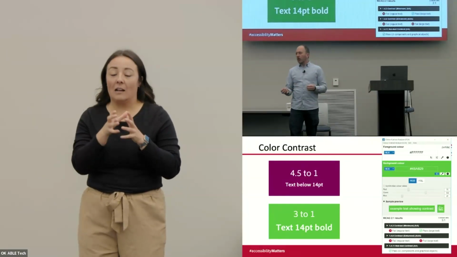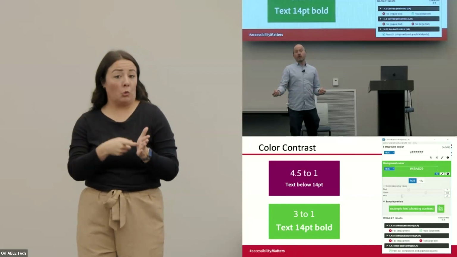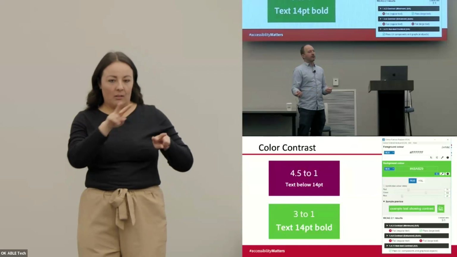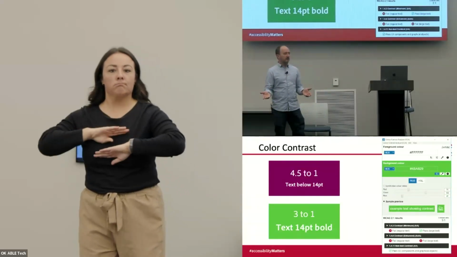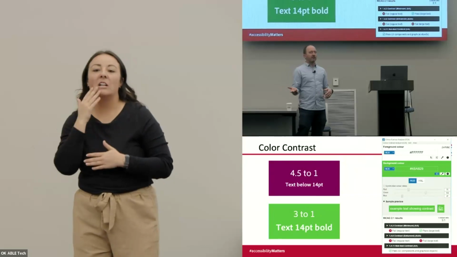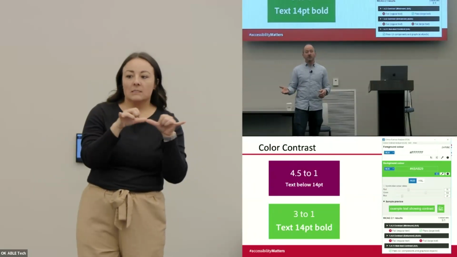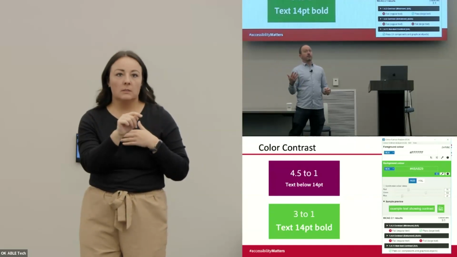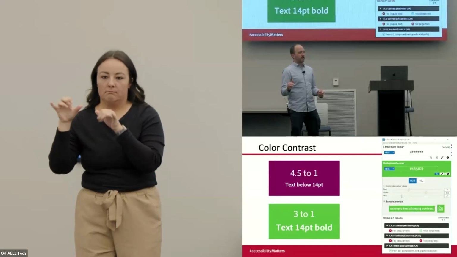All it really requires is that you, as a human, go through the document and ensure that any colors you've used meet minimum color contrast. The requirement for text below 14 point is a 4.5 to 1 color contrast ratio. And then for text 14 point bold and above, it's a 3 to 1 color contrast ratio.